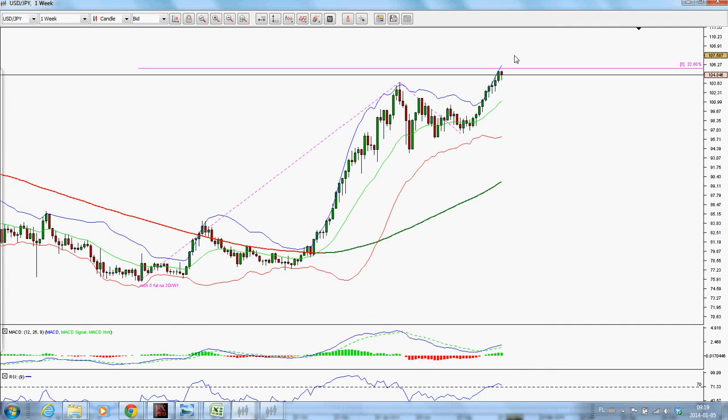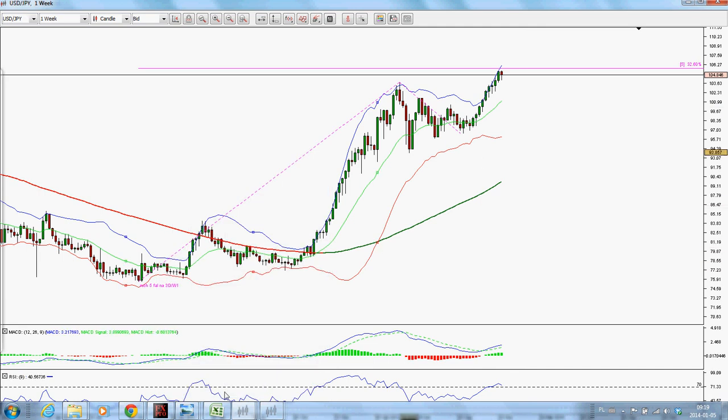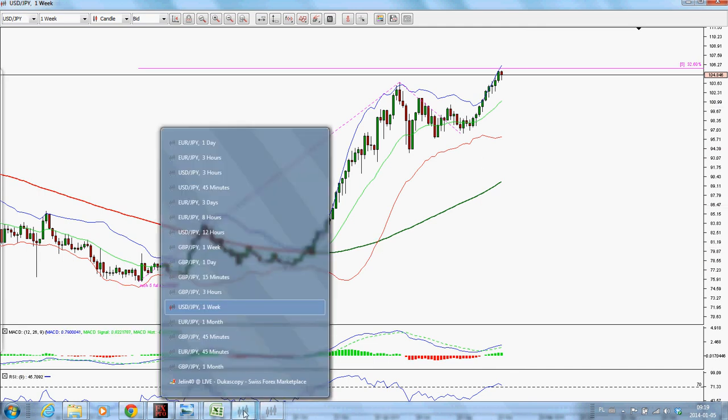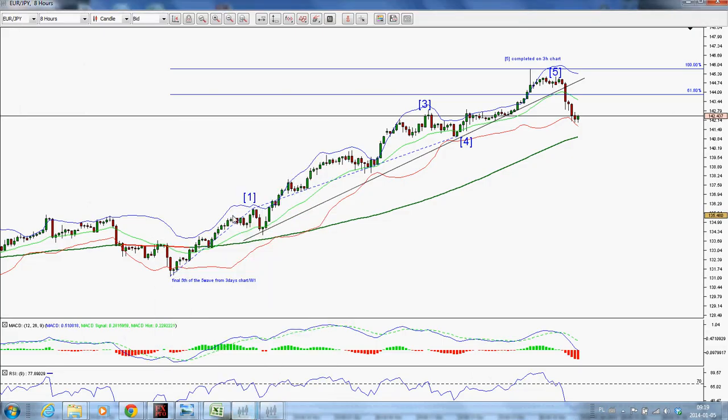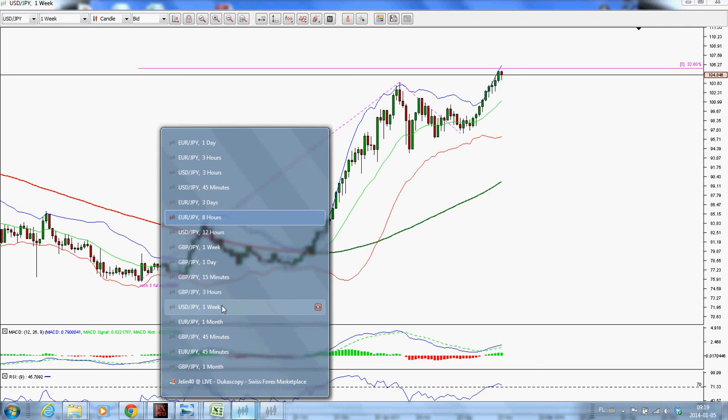There was probably 1, 2, 1, 2, 3, 4, final fifth. I don't think it's finished. Sorry, this is Euro Japanese yen. I should have the 12 hours development. Let me check.